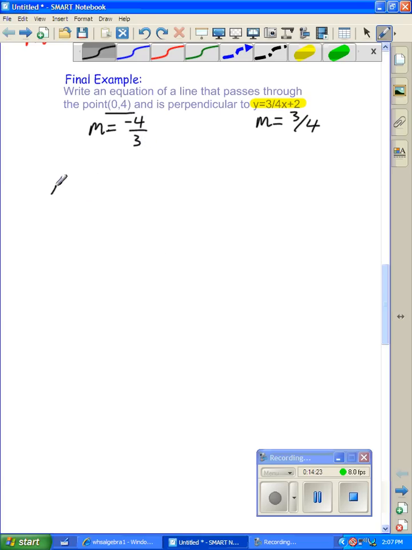And the rest of the problem is the same as what we did earlier. You take that point and put it in your point slope form. So it's y minus y1 equals m times x minus x1, where x1 is 0. Love it when the 0 comes in there. All right, y minus 4 equals negative 4/3 x. 4/3 times 0 is 0.